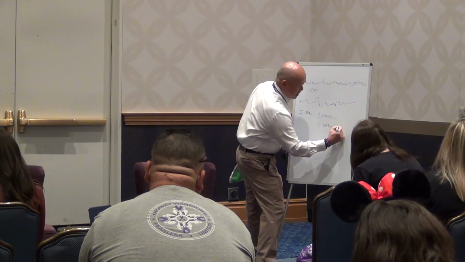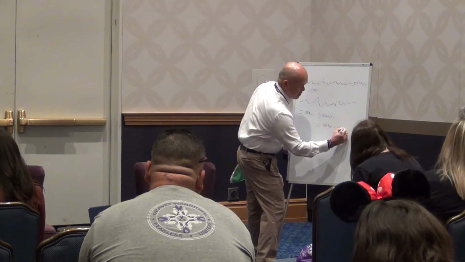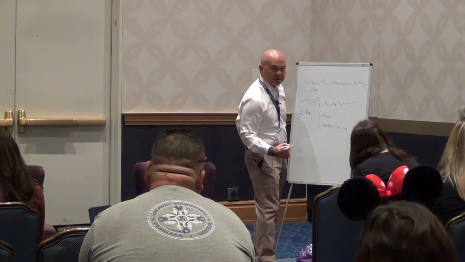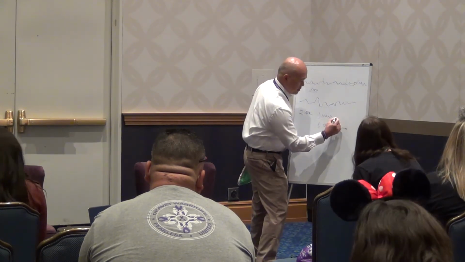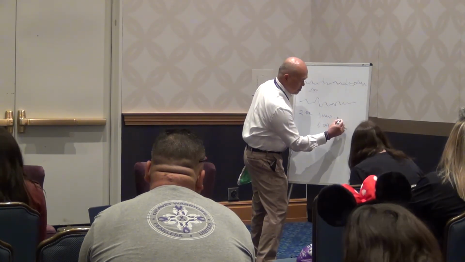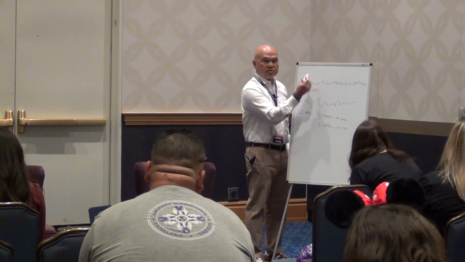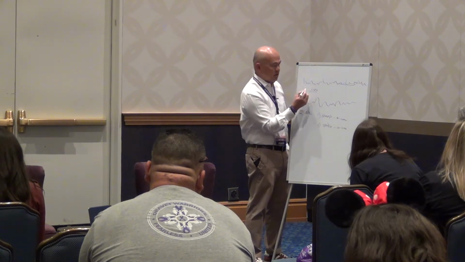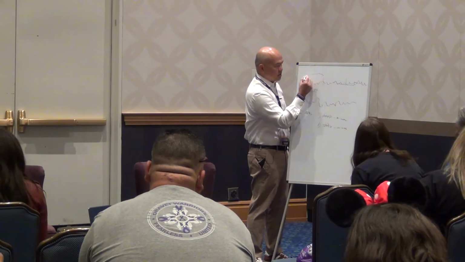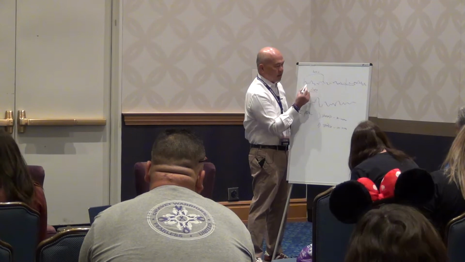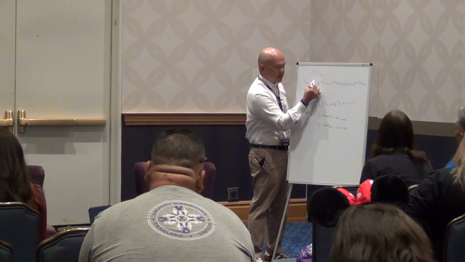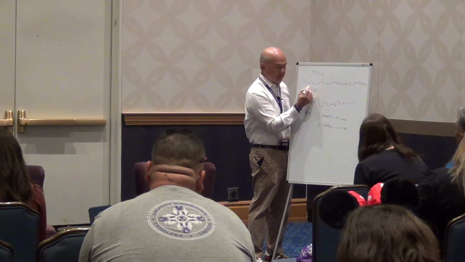A spike is 20 to 70 milliseconds. A sharp is 80 to 200 milliseconds. Remember, I told you there is time gradation on the EEG. So if this is 1 second, there are 5 lighter lines inside.